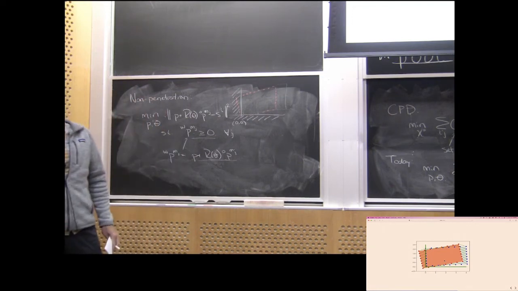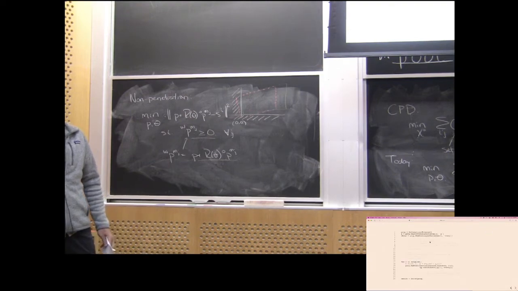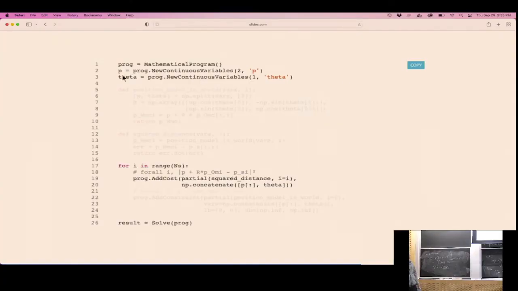Okay, so how would you write this down, hopefully actionable? If I had decision variables p, there's two of them in 2D, my xy position, and theta is one variable, and I can add my cost just like this.